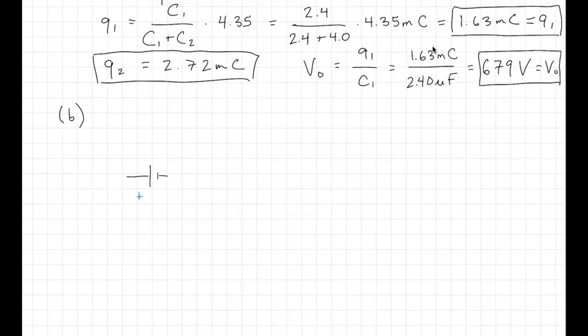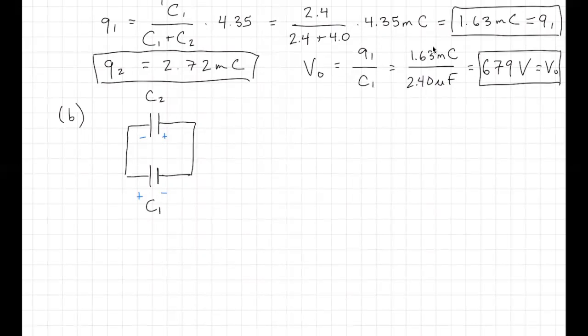Why do I keep drawing it like it's a battery? It's a capacitor. So positive plate there and negative plate there. And then I connect that to the other capacitor. So this one's C1, this one's C2. And I connect the negative plate of C2 here and the positive plate of C2 there.